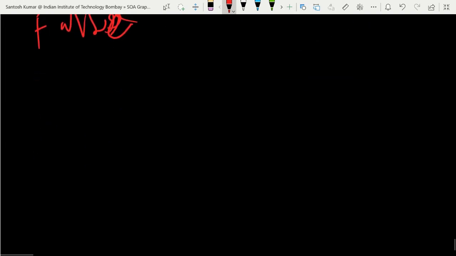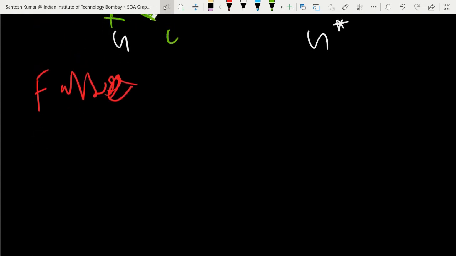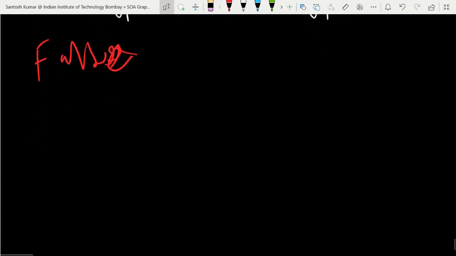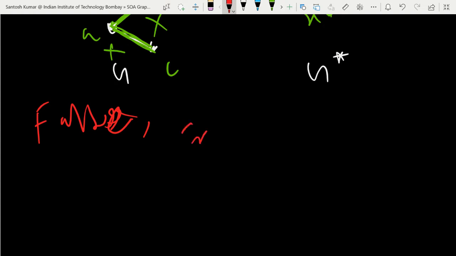And you can write the result like: the dual of a tree has exactly one vertex. The tree divides the plane into one part only, so it will have one vertex and that will create loops. So there will not be any cut vertex in that. So the statement is false.